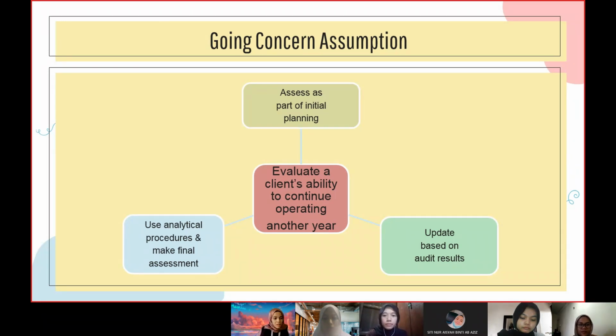First, the auditor needs to use analytical procedures and make a final assessment, second, assess as a part of initial planning, and third, update based on audit results. Why do we use analytical procedures and make the assessment? Because from that they can have discussions with management and use their knowledge of the client's business to assess the likelihood of financial failure in other years or in the coming year. Okay, next slide.